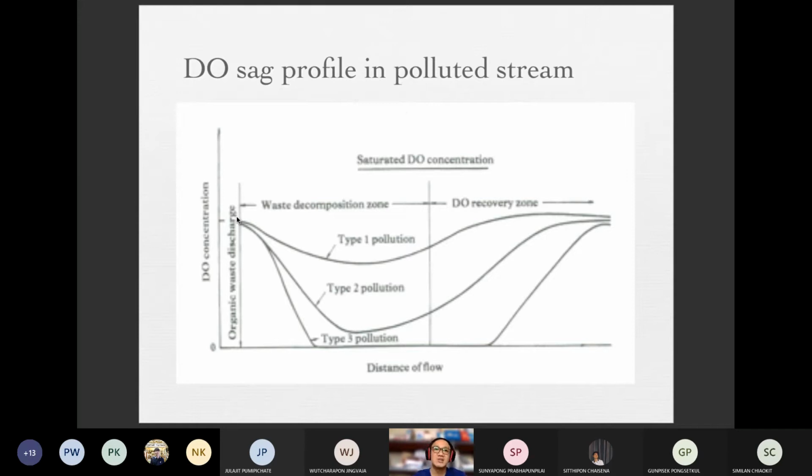So the dissolved oxygen in the river will get utilized, and if you measure the concentrations, it will be lower, because some of the oxygen is utilized by the microorganisms to degrade the organic substance.